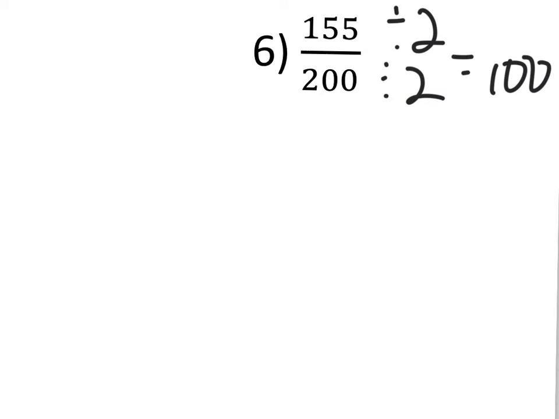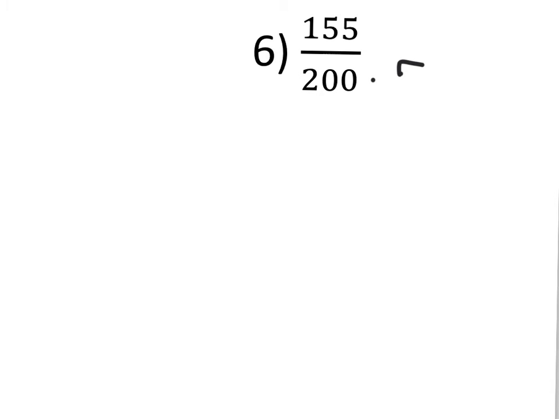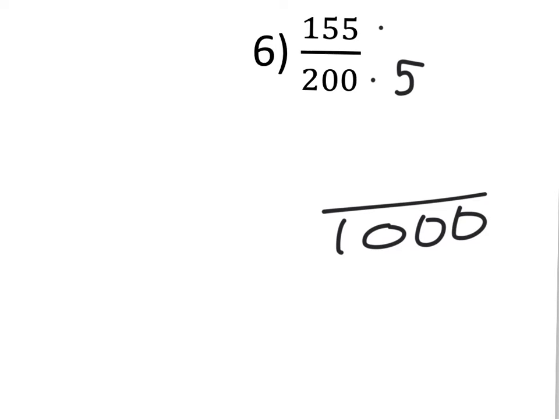So to eliminate some of that, one of the things that we can do is think about, well, if it doesn't divide easily down, can I go the opposite way and go up? I know I can bring it down to 100, but can I get it to 1,000? And sure enough, we can multiply 200 by 5. That's going to be 1,000.